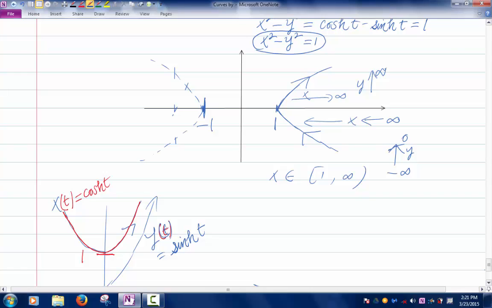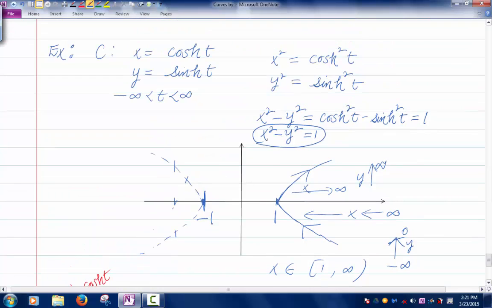So that tells you, because x is hyperbolic cosine t, and we know that hyperbolic cosine t is at least 1, we know that the left part of the hyperbola is not going to belong to C. So we only get the right half. Now the question is, do I get the entire right half? And if I do, what's the orientation, right? Is everybody clear?